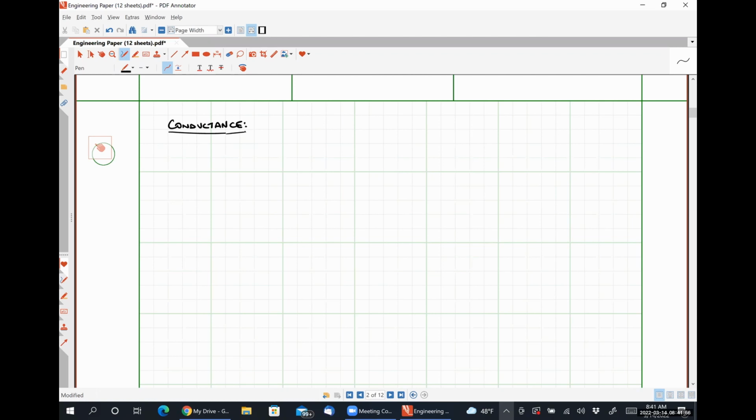So if resistance is a measure of a material's ability to resist the flow of current, conductance is a measure of a material's ability to help the flow of current, or effectively how easy it is for current to pass. Conductance G is simply the reciprocal of resistance R, or another way we could put it is the constant of proportionality that is defined by current divided by voltage.